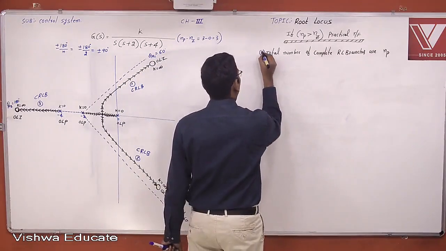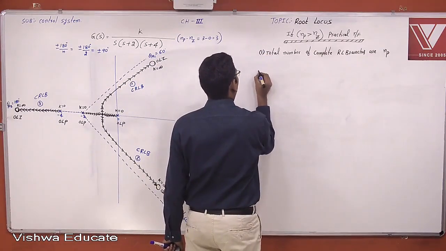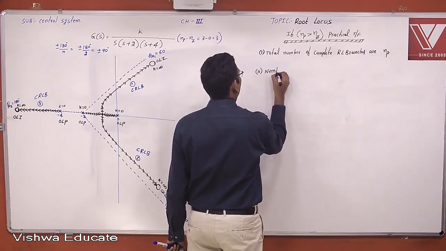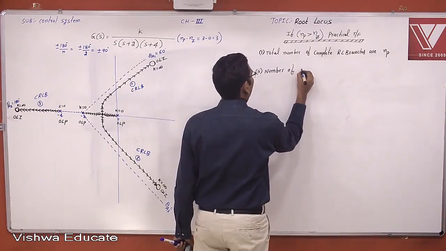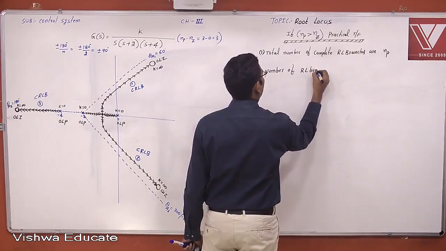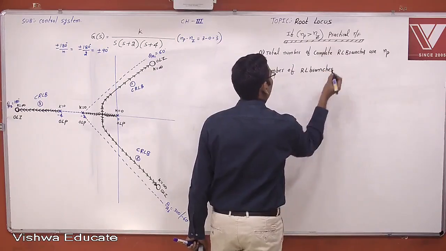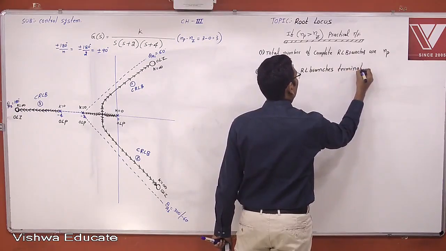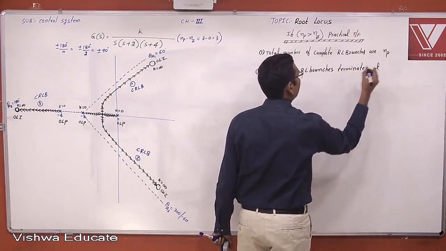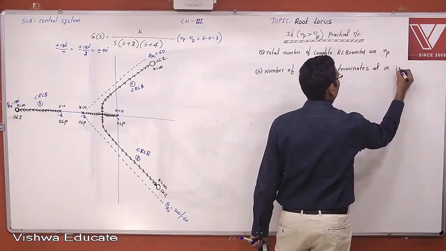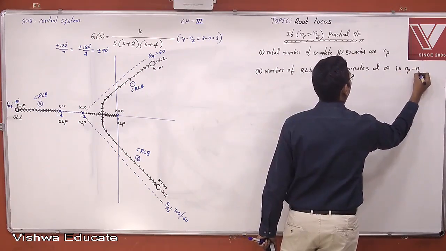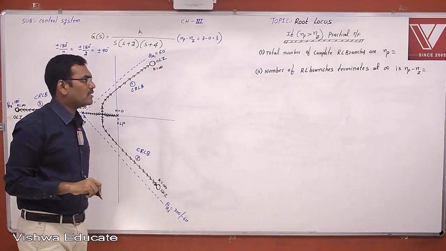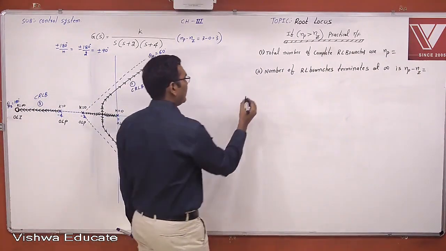The second point is that the number of root locus branches terminating at infinity is NP minus NZ.